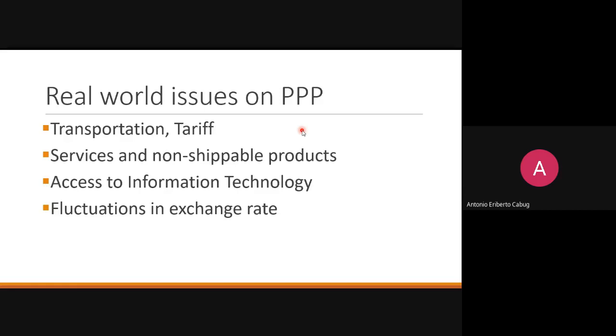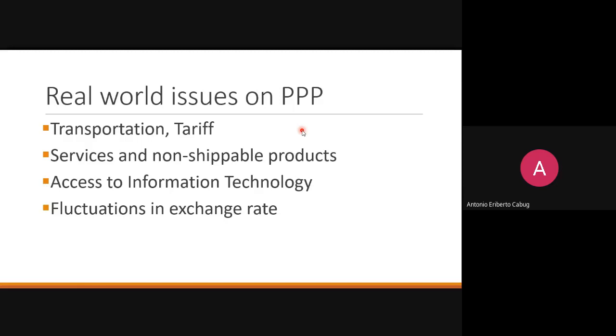In the real world, what can be observed is relative PPP. Although the prices may be different from country to country, but there would be a relationship among these prices.